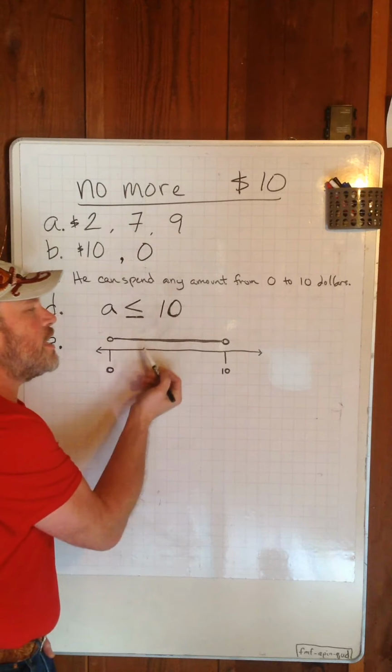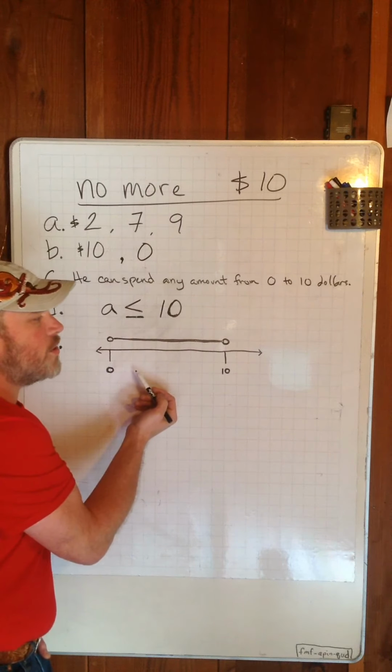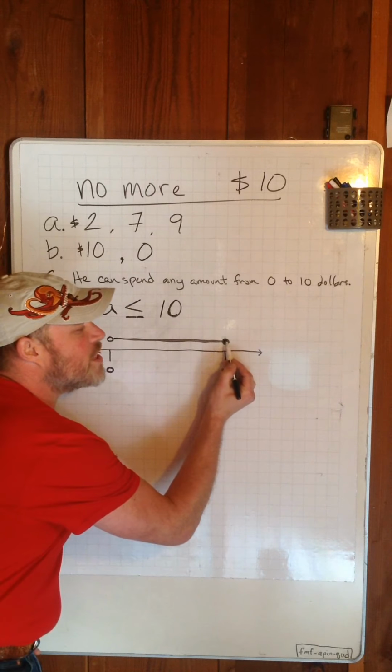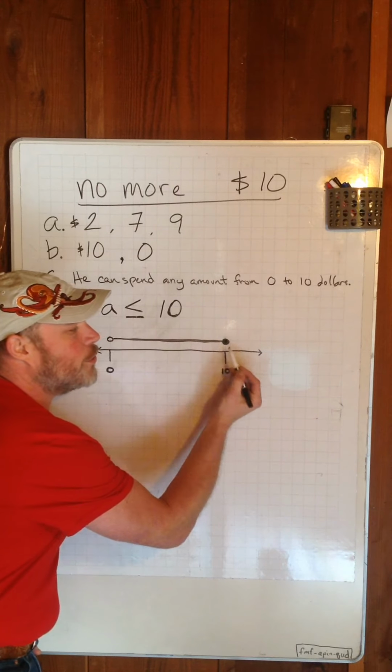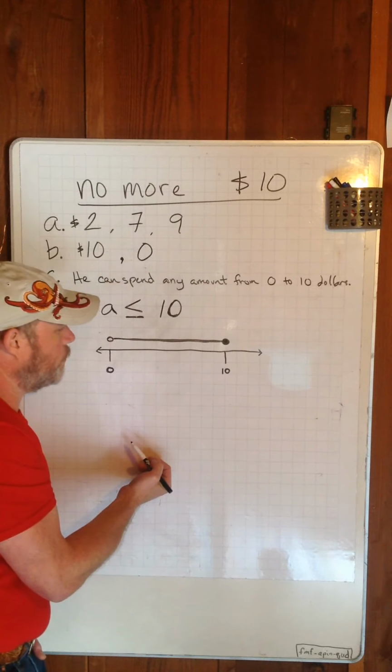A can equal 10. It can be less than 10 or it can equal 10. And so that means that I'm going to fill in my circle. The filled in circle means this dot is included. It counts. It's one of them.